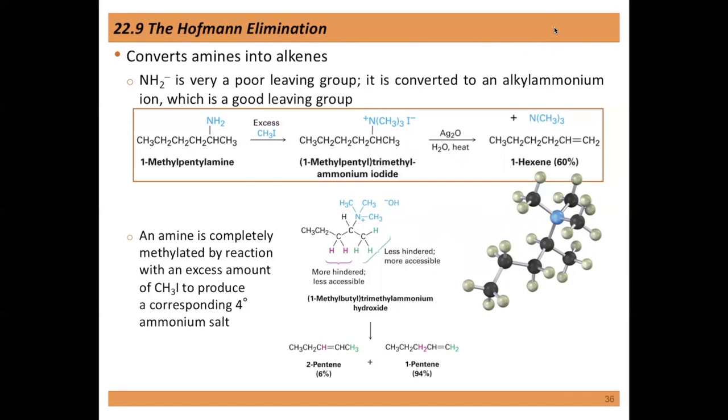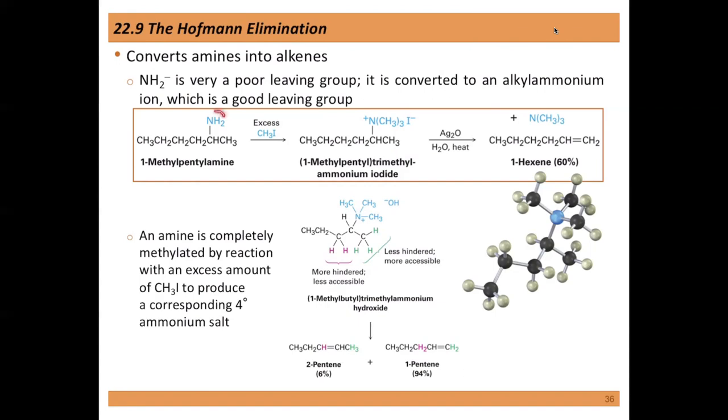And so the question is, well, where did this idea of the Hofmann product come from? The idea of the Hofmann product came from this reaction right here. Just to run you through it, like I said, this is just more to help you understand what the Hofmann product is and where this discovery was made.